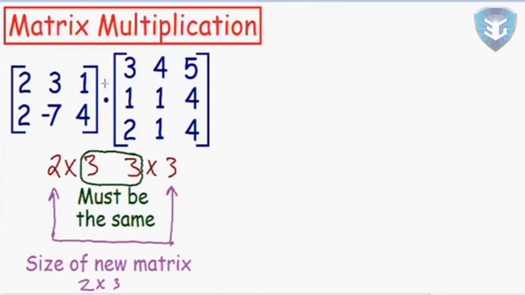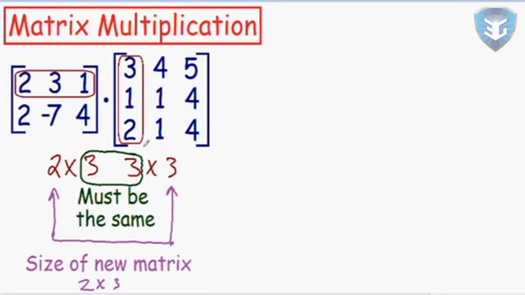So basically what we're doing when we multiply two matrices is we're multiplying the rows of the first matrix by the columns of the second matrix. So I'm going to put a box around the first row of the first matrix, and I'm going to put another box around the first column of the second matrix.